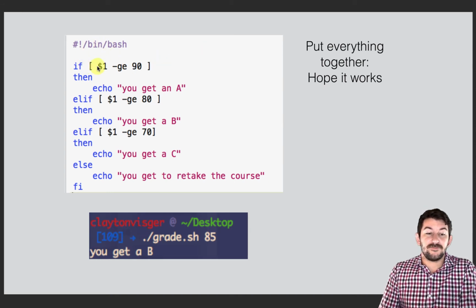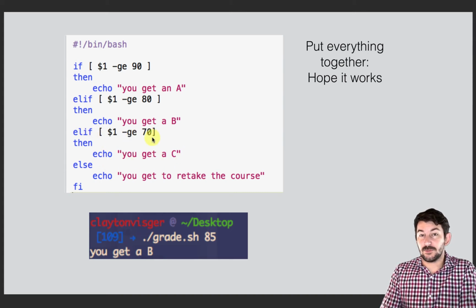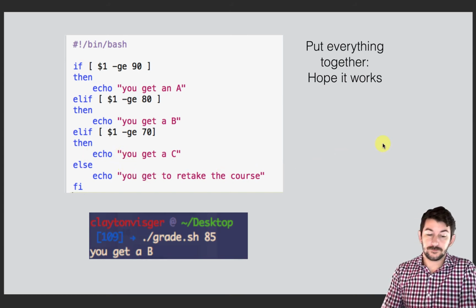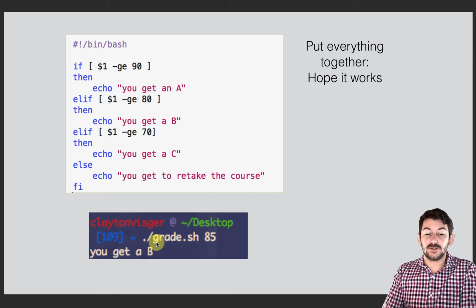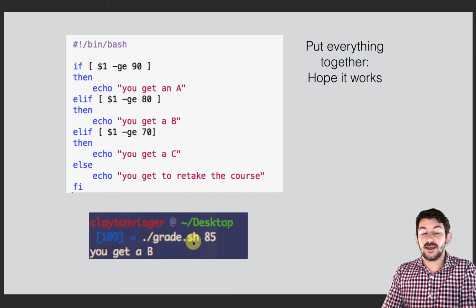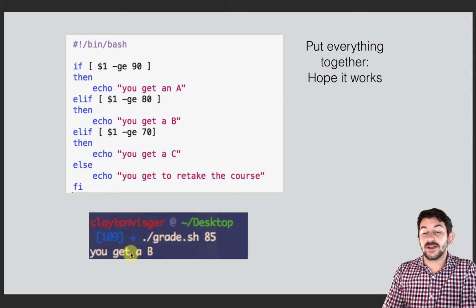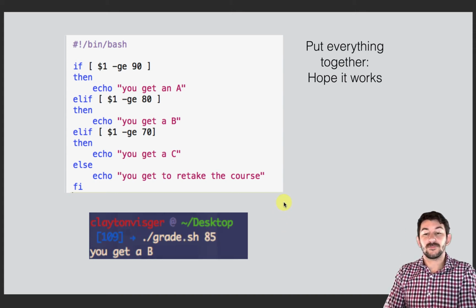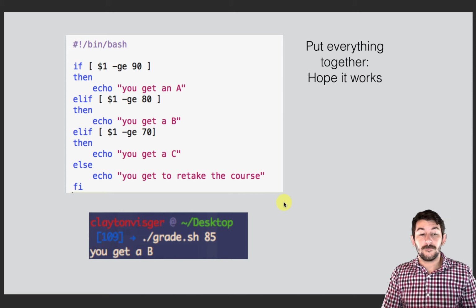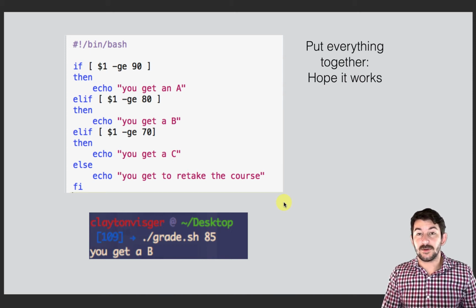Bin bash, if your variable is greater than or equal to 90, then echo you get an A, all the way down to else if greater than or equal to 70, you get a C. If you don't even pass that third possible else if statement, then that means you were getting lower than a 70, and you get to retake the course. And so here you could execute this script and say ./grade.sh 85, you get a B is what it would return to you. Okay, so that's showing that our string of conditional statements are working.